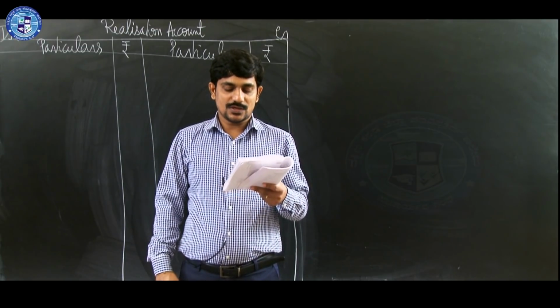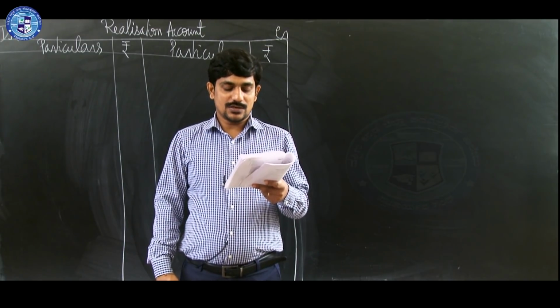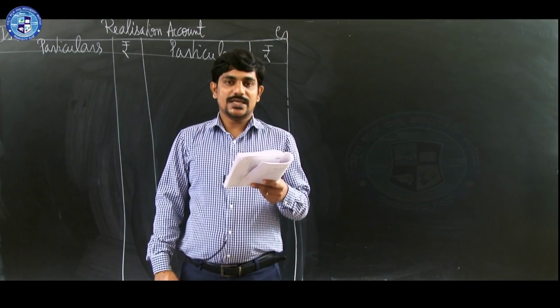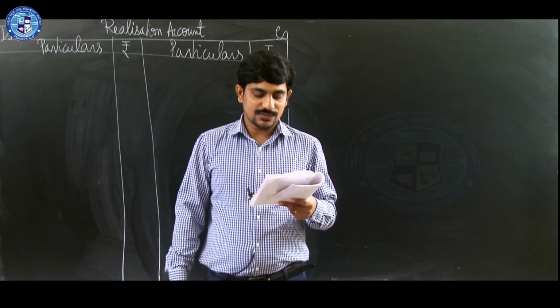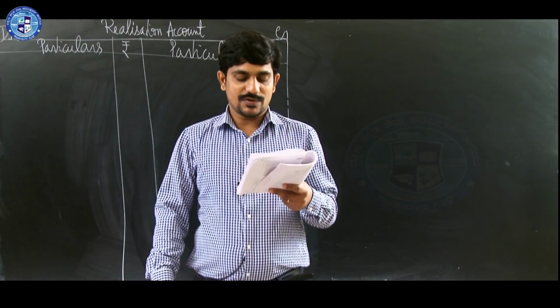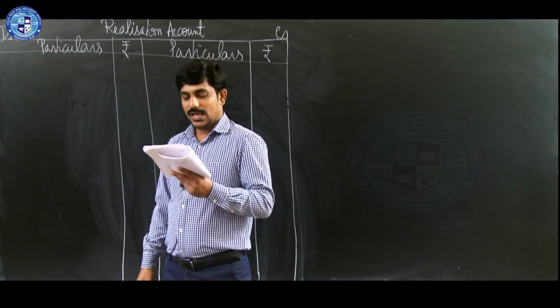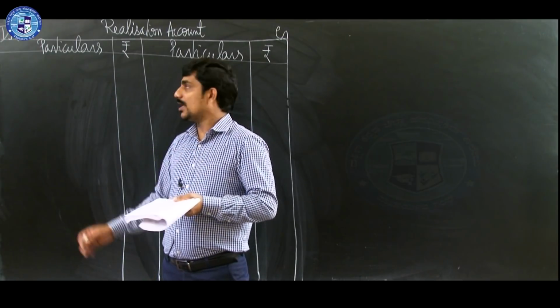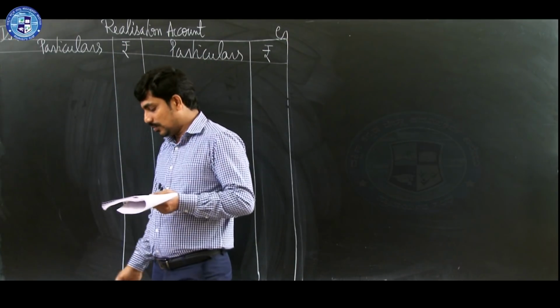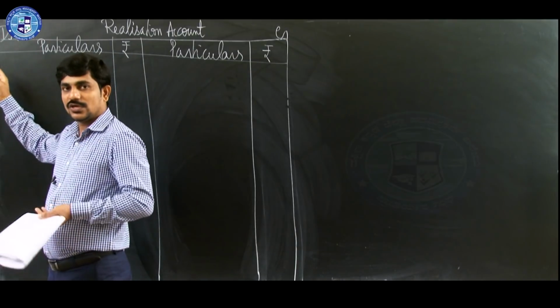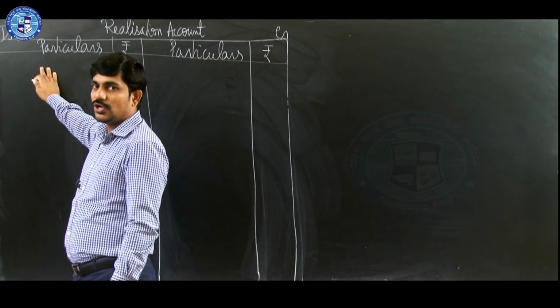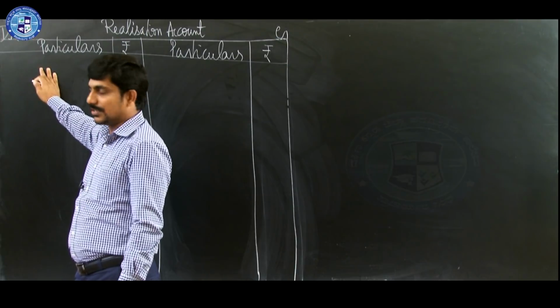Bills receivable also we can transfer. Investment also we have to transfer, machinery also, furniture also. Except cash in hand and bank, all the other assets we need to transfer to realization account in order to realize them. Cash is already in the form of realization, so no transferring of cash here.